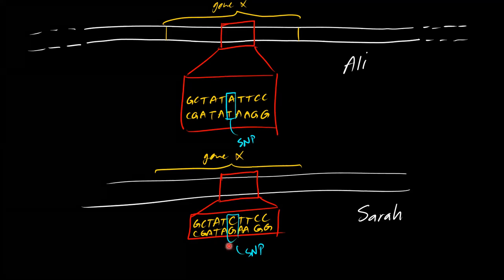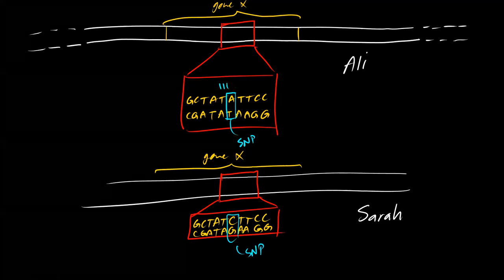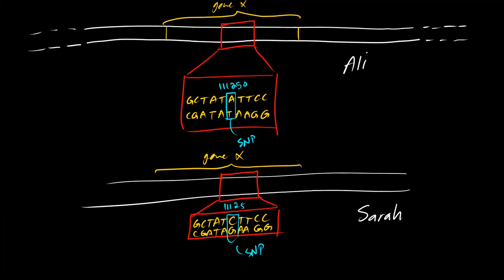Now here the SNP, let's say the location of this is nucleotide 11,250 on the chromosome. Let's call this chromosome 1.